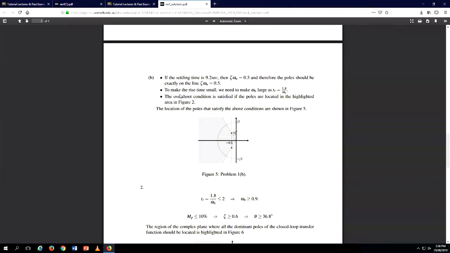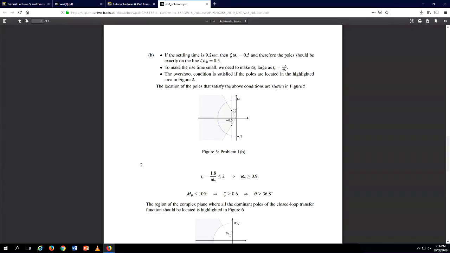And then to make the rise time small, we would need omega n as large as this, and then the overshoot condition would be satisfied if the poles are located in any of the shaded region, right?